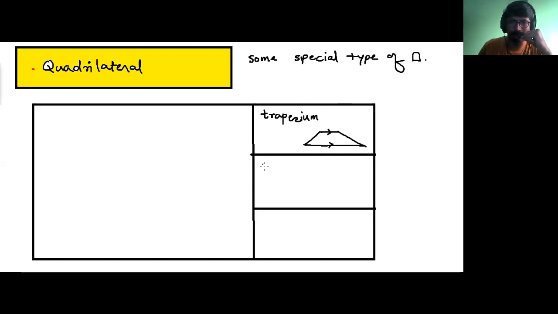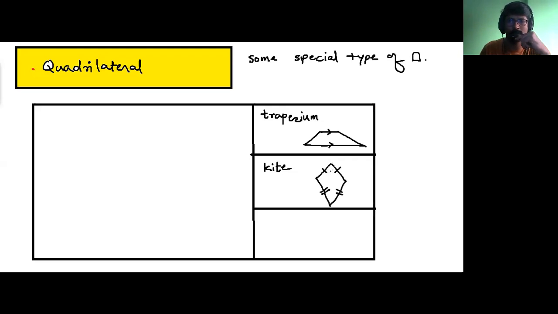Then there comes the kite. These are all special types of quadrilateral. What is a kite? A kite looks like an elongated quadrilateral. These two sides are equal, and these two sides are equal; the dash signs indicate that they are equal. So this is a kite.